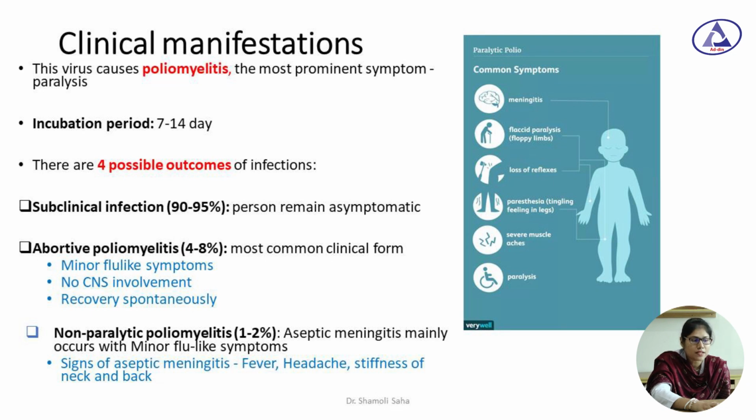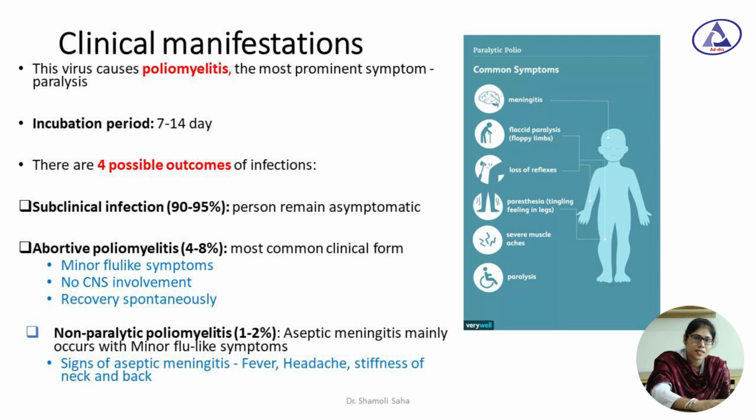Abortive poliomyelitis occurs in 4 to 8% of cases. It is the most common clinical form, with minor flu-like symptoms. There is no central nervous system involvement in that case. Recovery is spontaneous. Non-paralytic poliomyelitis occurs in 1 to 2% of cases. The patient presents with aseptic meningitis, mainly with minor flu-like symptoms.